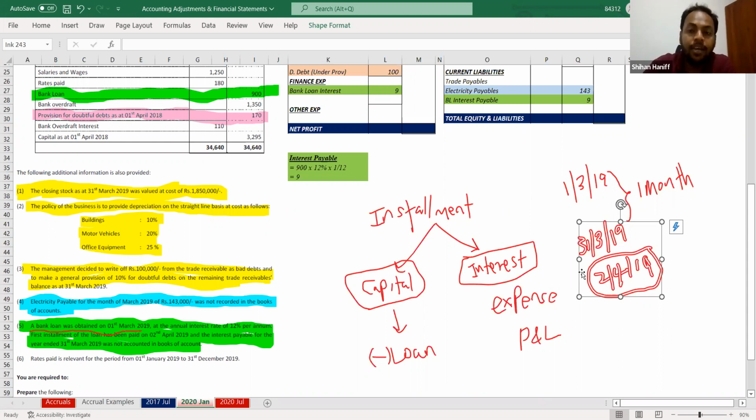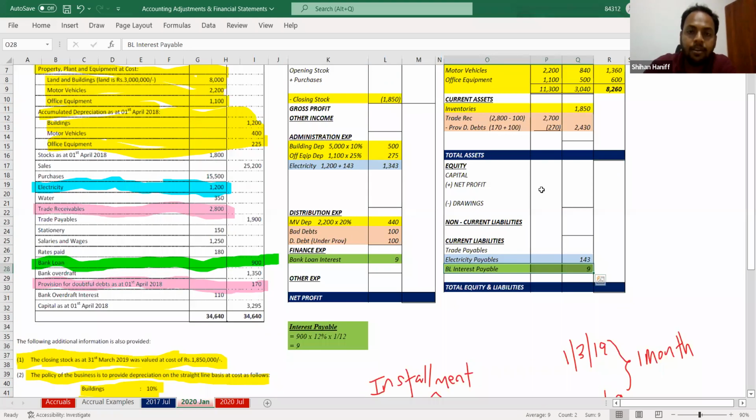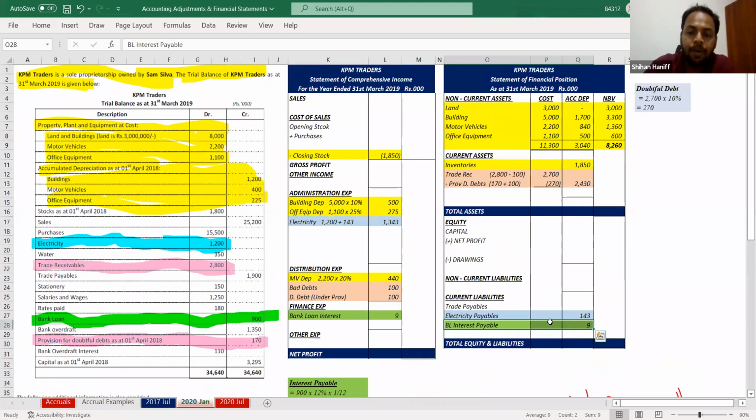So at the end of the year, it is payable. As of 31st March 2019, the interest and the capital amount are totally payable. Therefore the interest is calculated as a payable amount: interest expense account debit, interest payable account credit.